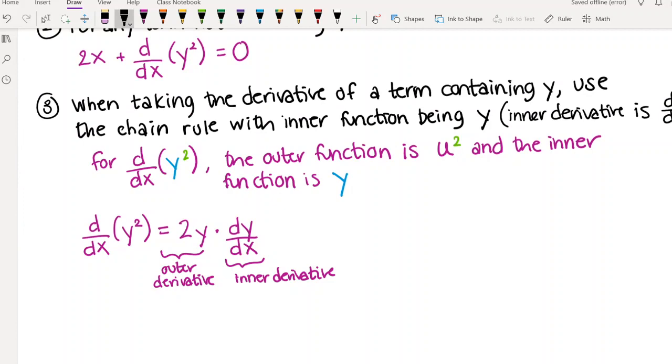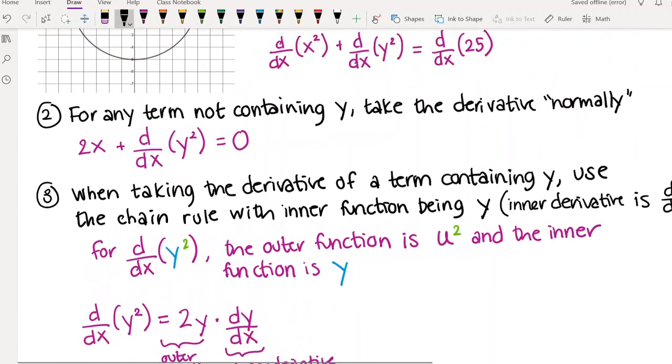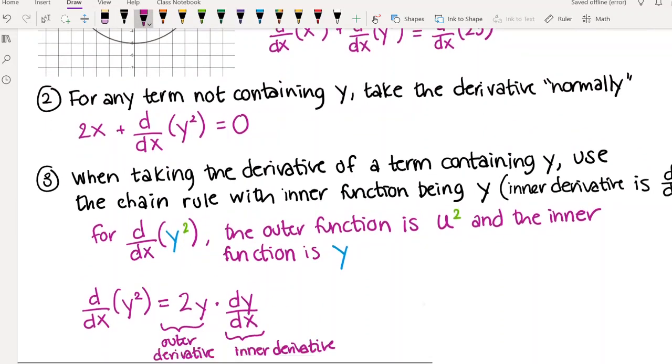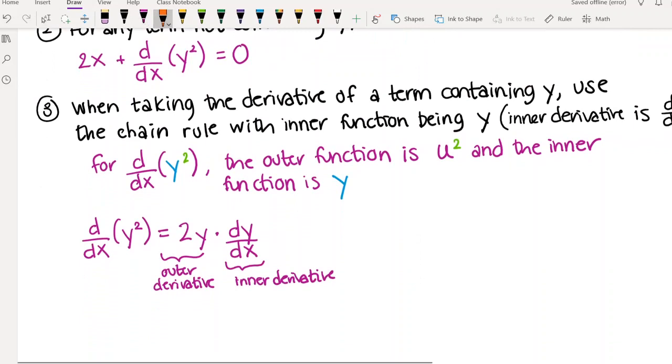Okay, so let's put this back together with what we had, right? So we took the derivative of both sides of the equation, and so we got 2x, and then right now we just took the derivative of this part, so we can fill that in now, and then that is equal to 0.